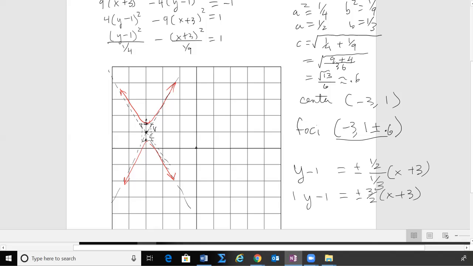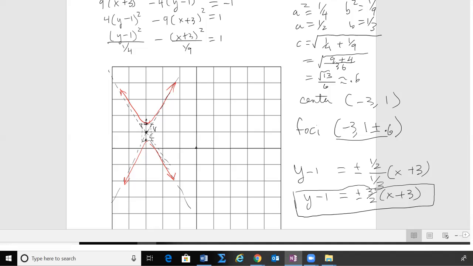You can leave it like that. It's probably good enough. It shows how it's really just a line. It's been translated over to -3, 1. Each one of those 2 lines has been translated, and the slope is 3/2, plus or minus 3/2.